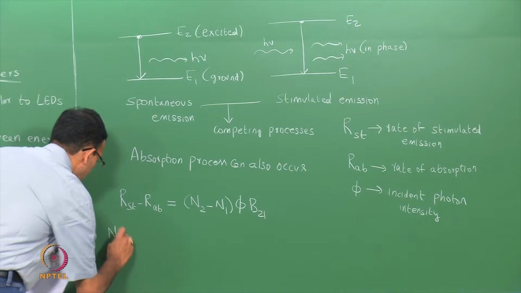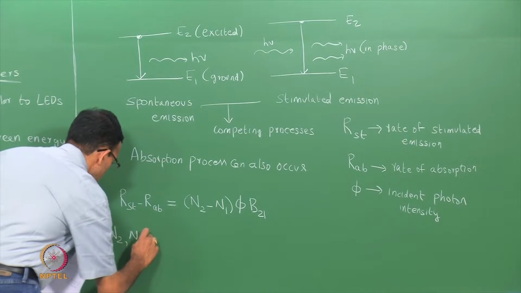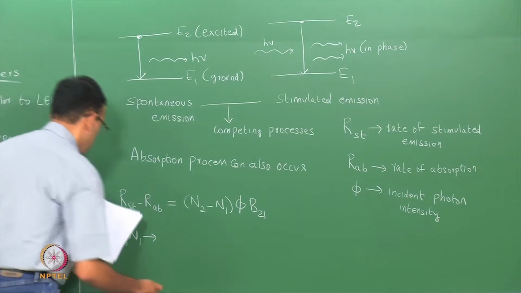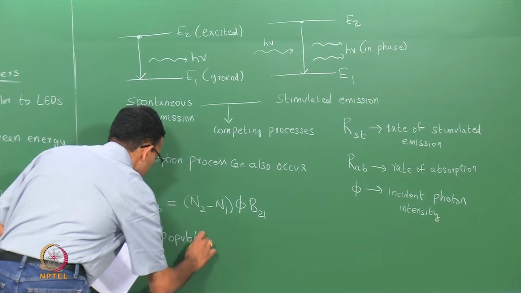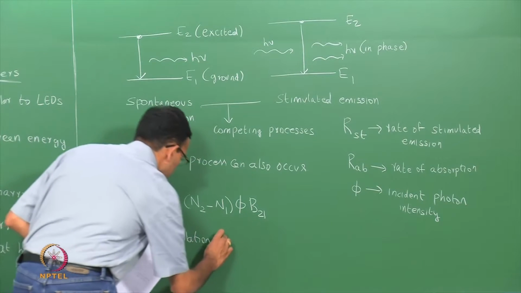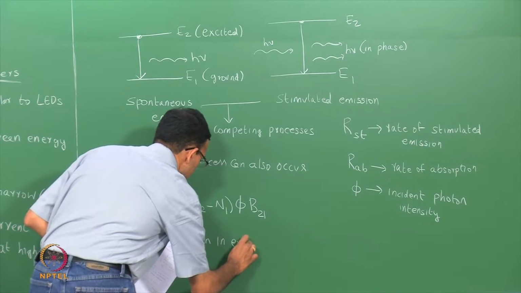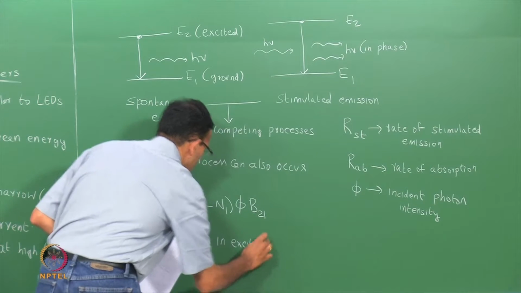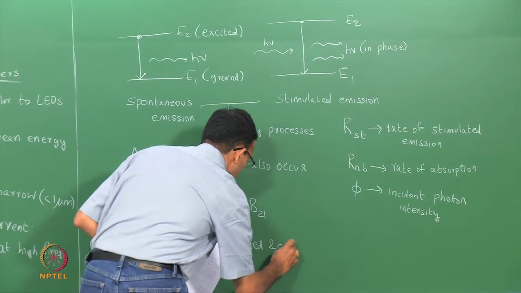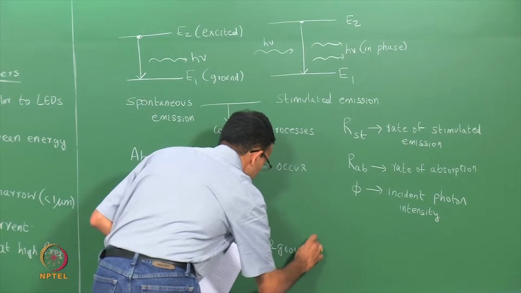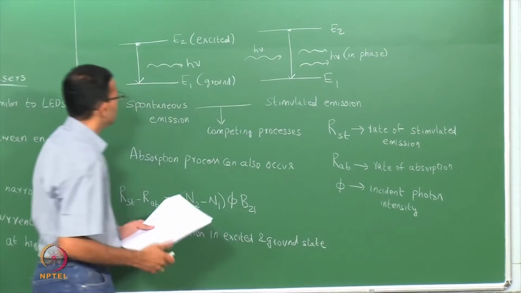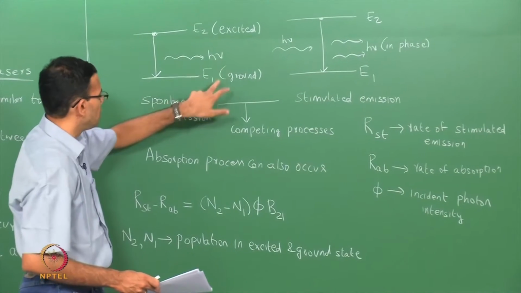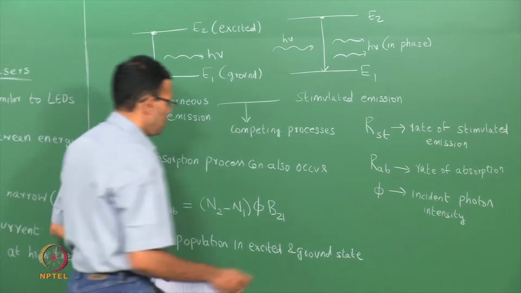So, N2 and N1 is the population in the excited and ground state. The excited state is E2 and the ground state is E1.